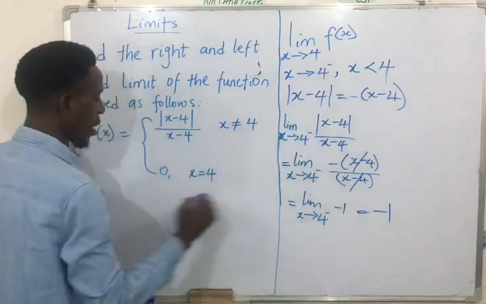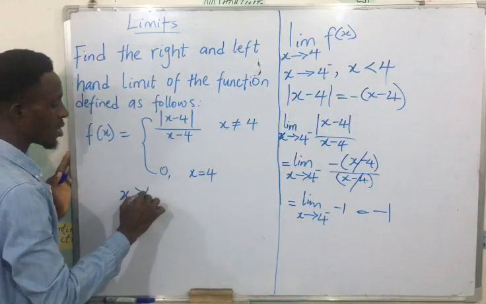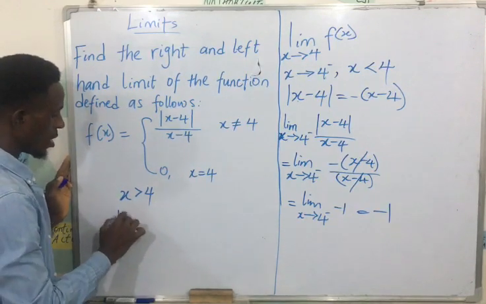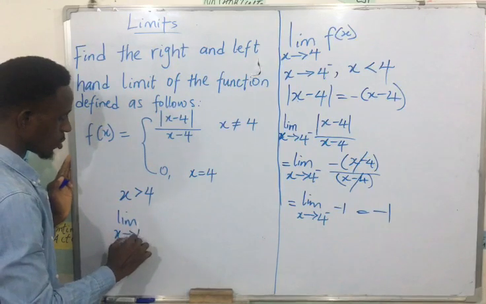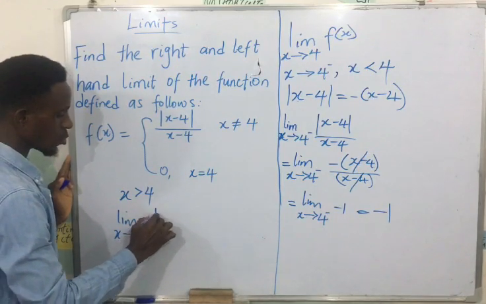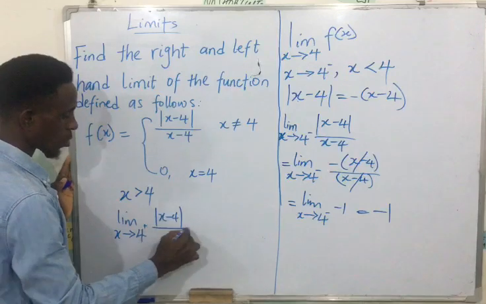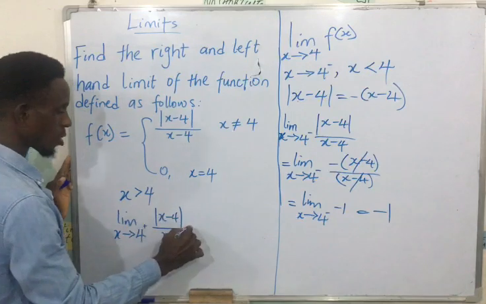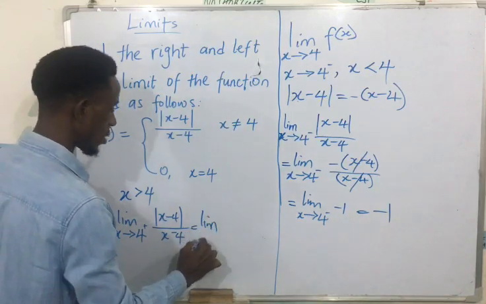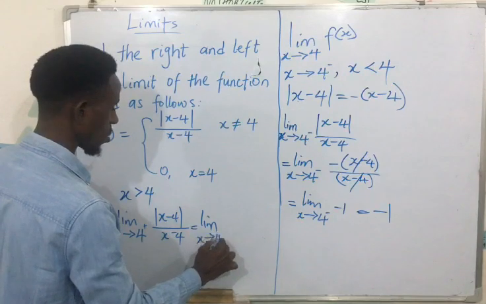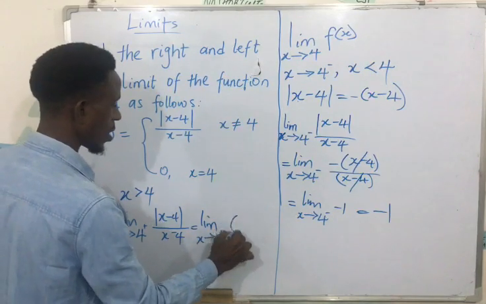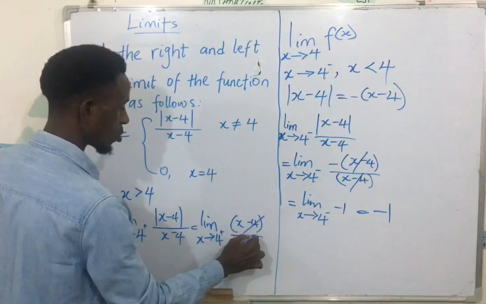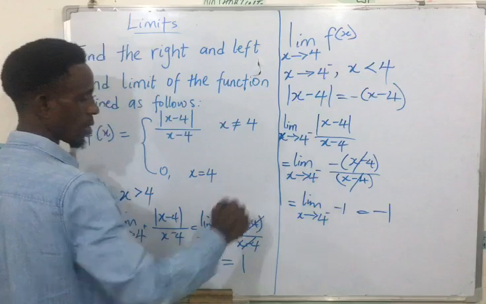So for the right hand, my x is going to be greater than 4 because it's coming from the right hand side now. So I'm going to have the limit as x approaches 4 positive. Since this one is positive, it's just going to give me the limit as x approaches 4 from the right of x minus 4 over x minus 4. So if these go, I'm going to have 1 by the end of the day.